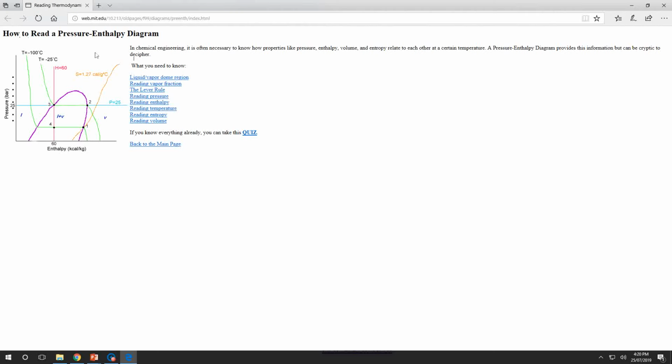So you can utilize this website to learn more about this pH diagram, how to read pressure, enthalpy, temperatures like that.